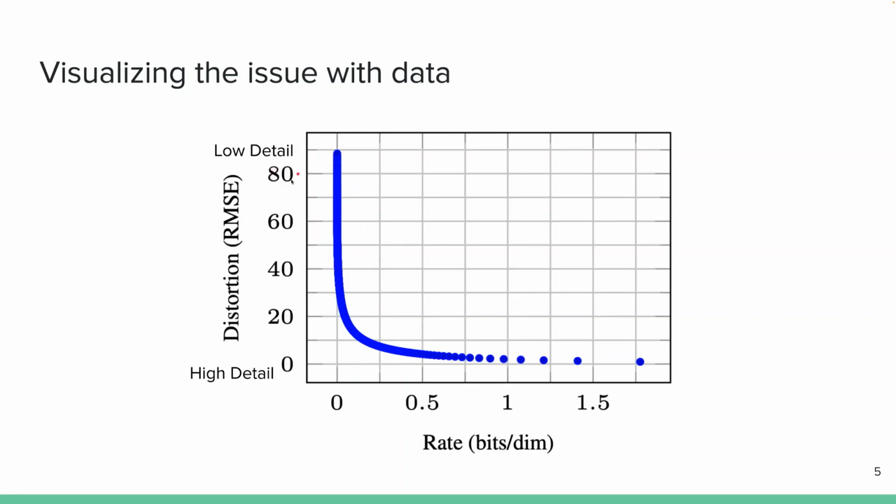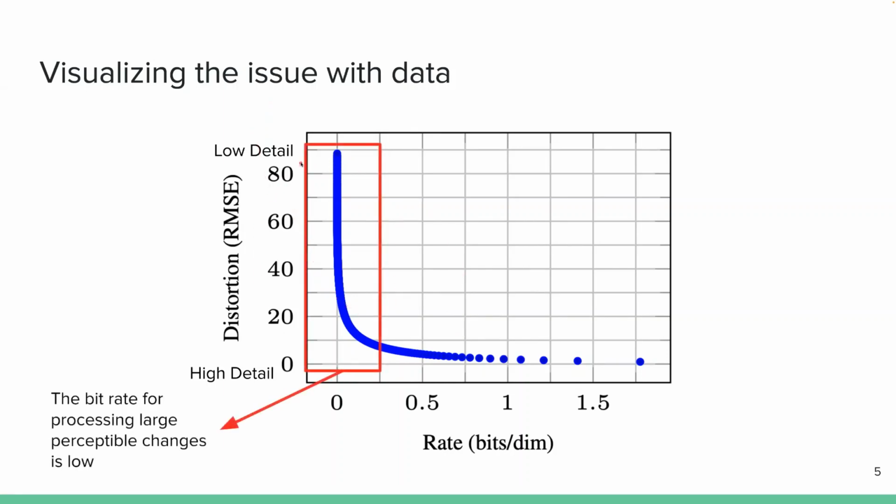At the top here, when our distortion is really high at 80, this is when we have the least amount of detail. And at the bottom here, when it's 0, this is when we have the most amount of detail. So I first want to take a look at the left-hand side of this graph. Here you can see that when our distortion is really high, from 30 to 80, our rate, our bits per dimension, is extremely low.